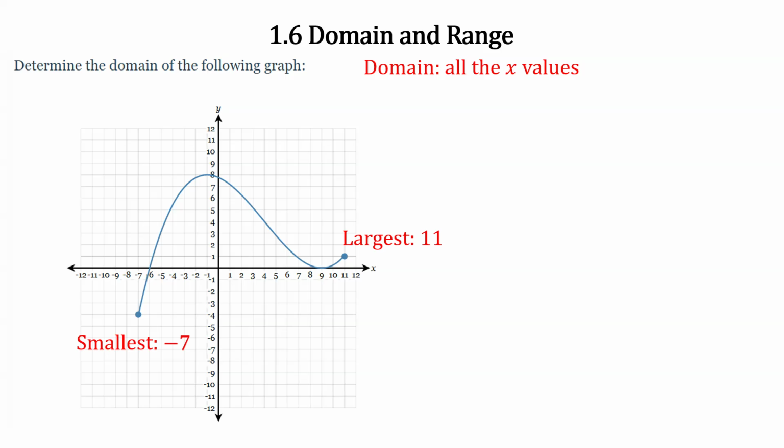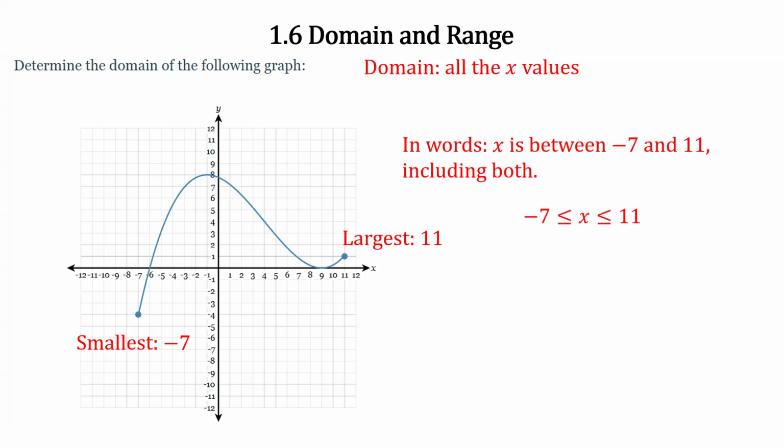Our largest is positive 11. So in words, x is between -7 and 11, and we're including both of them. So -7 is less than or equal to x, which is less than or equal to 11. There you go. There is domain and range.